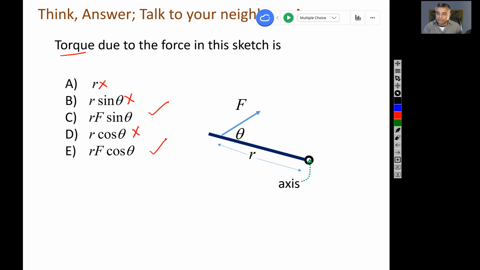Now is it sine or cosine? For that, the axis is already level for you. Draw a line of action of force and draw the shortest distance, making this 90 degrees. Okay, so that's the lever arm. And this is the opposite side.